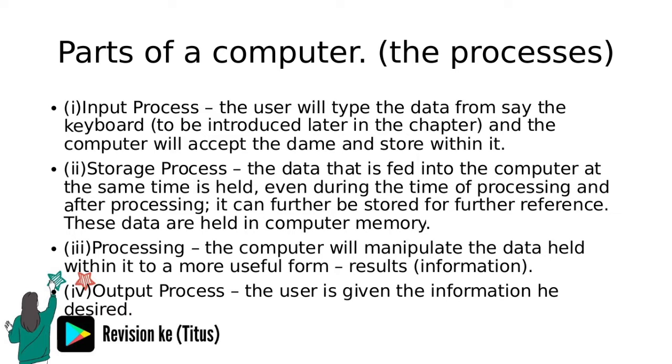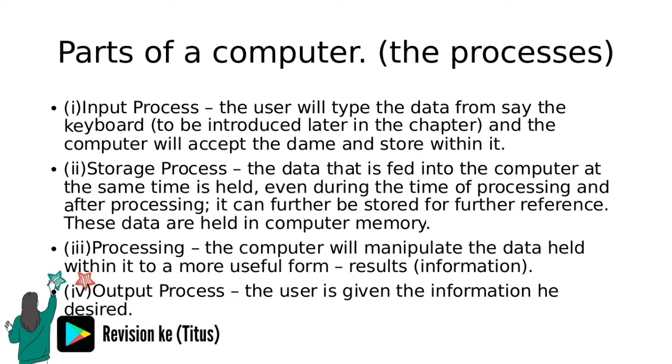And so input, the user will type the data from, say, a keyboard, which is a computer part, and then the computer will accept the same and store it within storage. The data that is fed needs to be held somewhere. That is before processing, which is the third process.